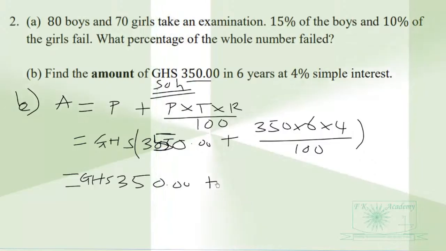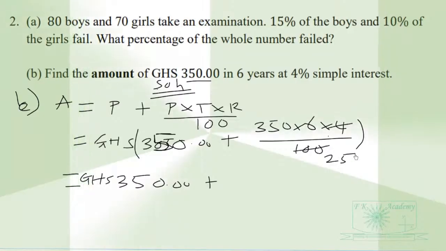When we simplify this, 4 will go into 100 how many times? 25 times. Then 350 will divide, 5 will go into, okay, 50 will go here.